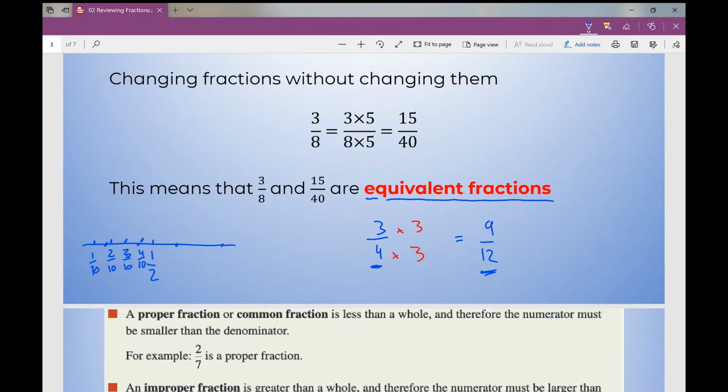But then once we got to this fifth one, it was 1/2. But what we can do is we can take 1/2 and we can times the top by 5 and times the bottom by 5, and we can see that we end up with 5 over 10. And that's what we would expect to have found in our sequence, counting up tenths.